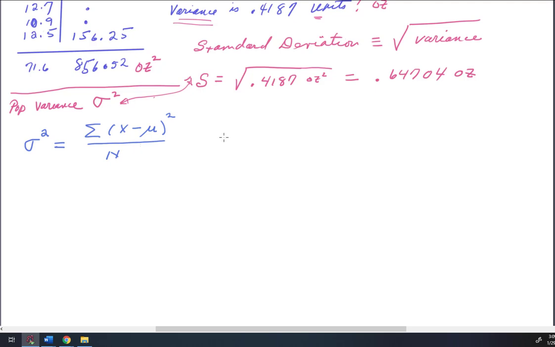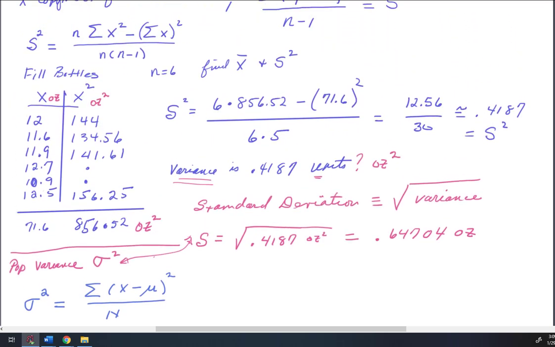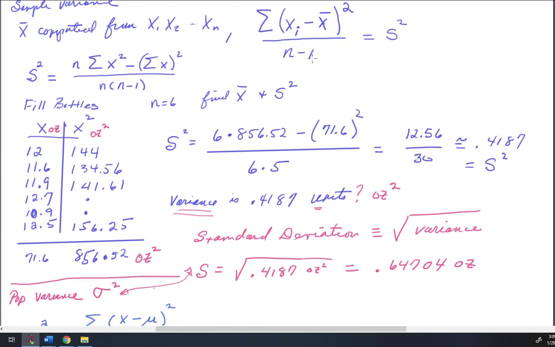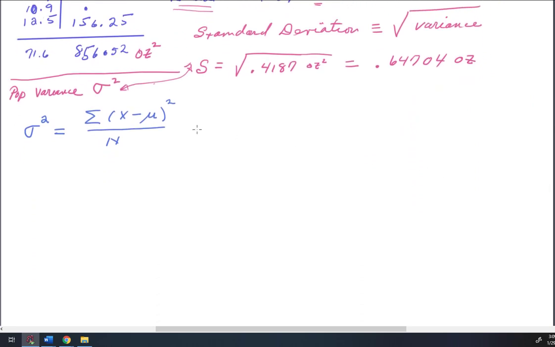It was an n minus 1 when we calculated the sample variance. You can see right here in the definition of the sample variance, it was an n minus 1. If we're talking about the parameter population variance, you divide by n.